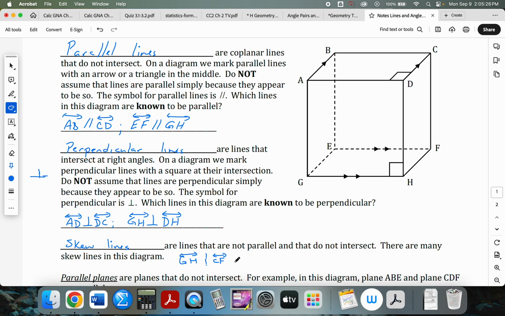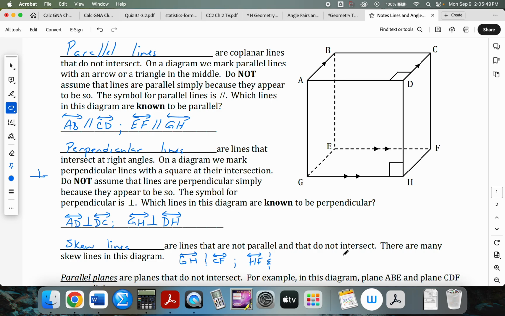Let's do another one. What if I said line FH or HF? There's not a sign for skew, partly because it's such a short word, and also because we don't use it all that often. It's a good question, though.